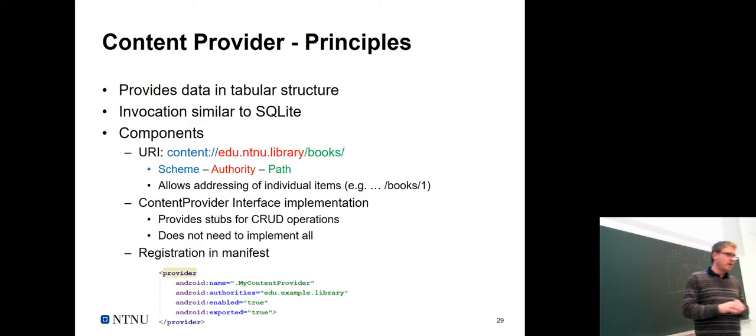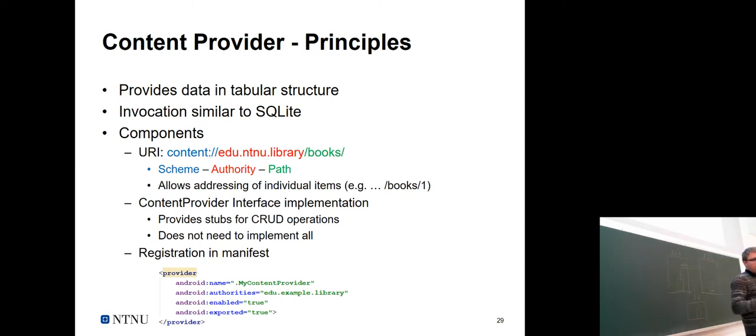Fundamentally, from an interface point of view, it feels just like interacting with an SQL database, frankly. So we have tabular data that we're dealing with. The invocation is even similar, so you find the method signatures are quite straightforward and very comparable. Most of the differences lie in the way we address it.